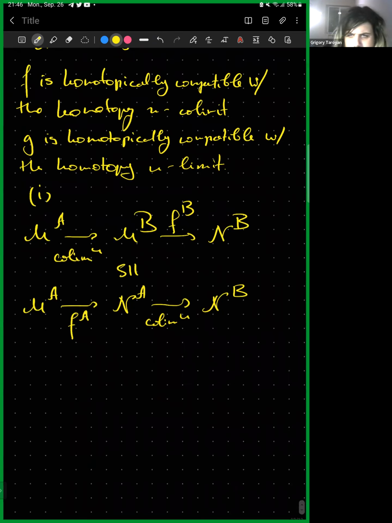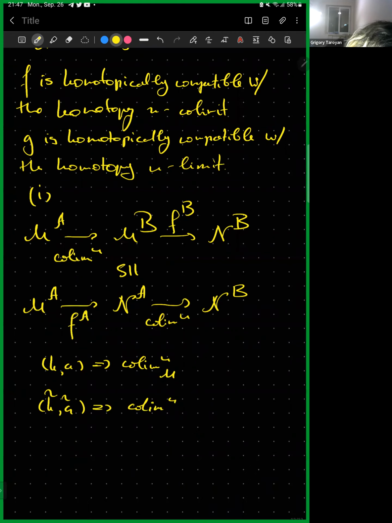But then we can consider the composition of, say that Ka is a homotopical limit, namely it is a left approximation of this functor colim U, and assume that, so this is colim U on M. And then we have K tilde A tilde, which is the left approximation of the colimit functor on N.